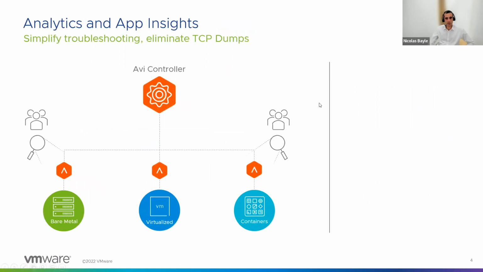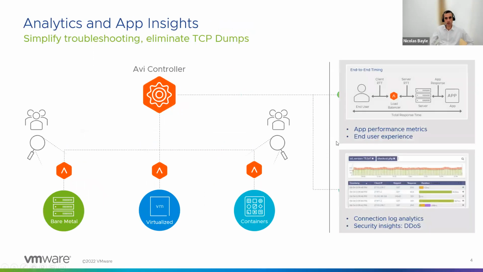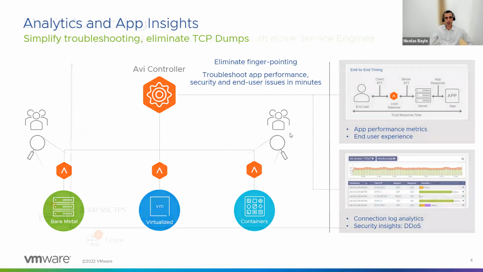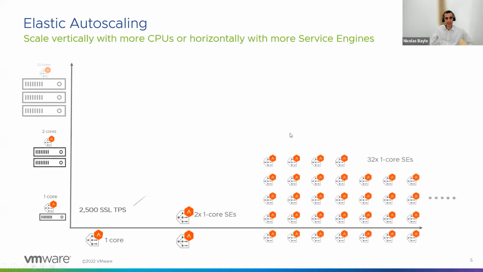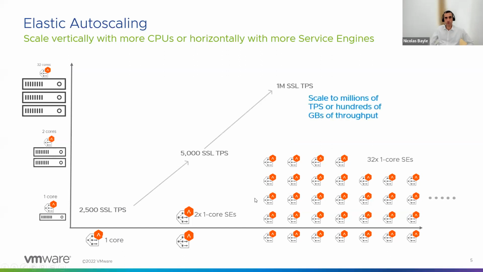The analytics, you understand exactly the value proposition of this, and it also helps you save some time when you need to troubleshoot your application. The auto scaling, for instance, is very related to automation because plenty of things that the controller does are related to automation, and these are manual tasks that you don't need to do.